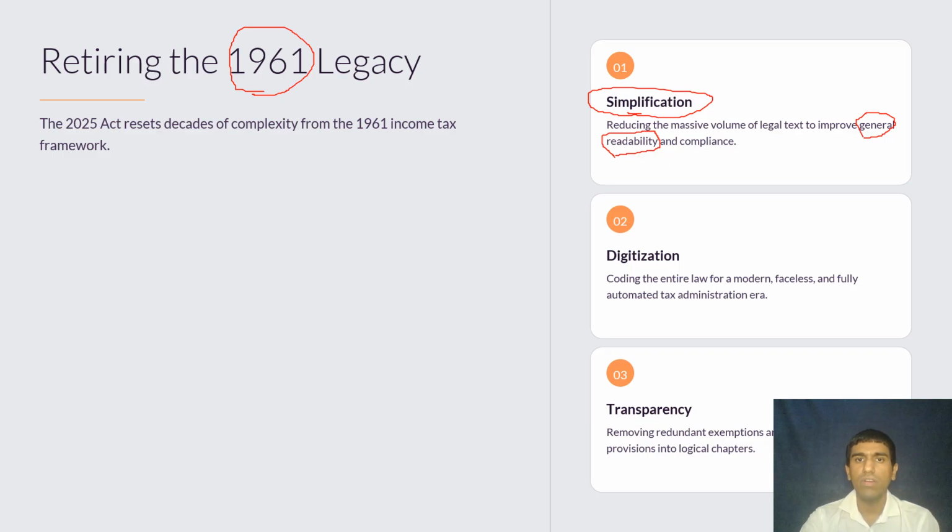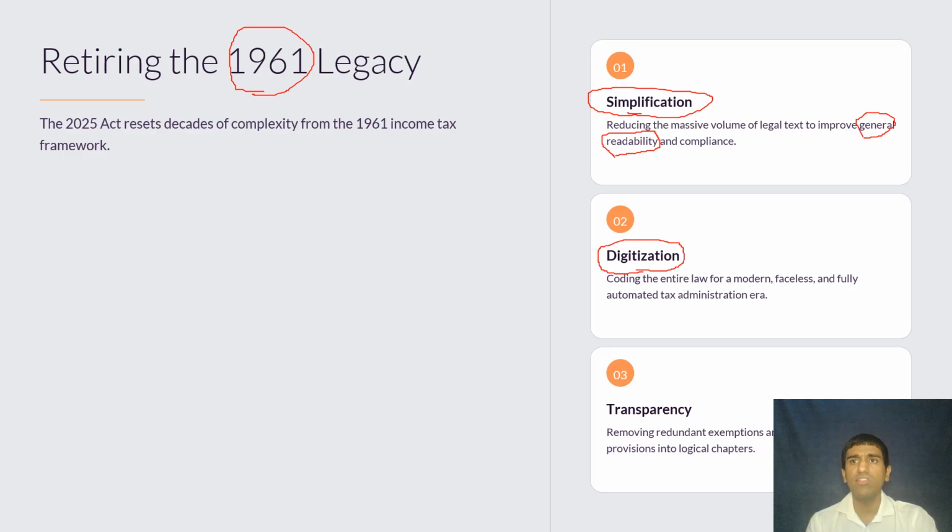Another reason for this act was digitization. Essentially what happened is, the 1961 act was drafted in a different era, back when computers and mobile phones and all weren't prevalent, so much of the work was done through paper. But now in the current age, much of our work is done through computers, through smartphones, through other electronic media as well.